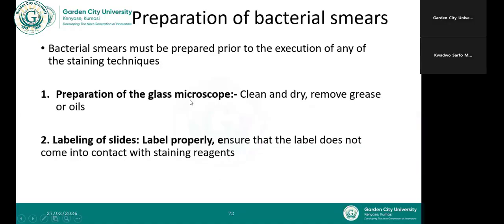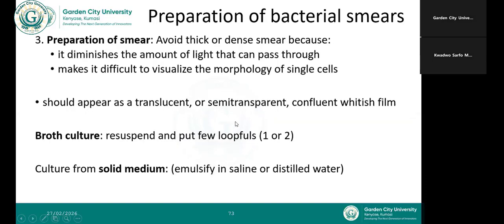So you prepare your glass, you clean it, you dry any grease or oil you have on it, make sure they are off, you label accordingly, prepare the smear, avoiding the thick and dense smear, and then you can apply your sample. So it can be from a liquid medium, broth culture.